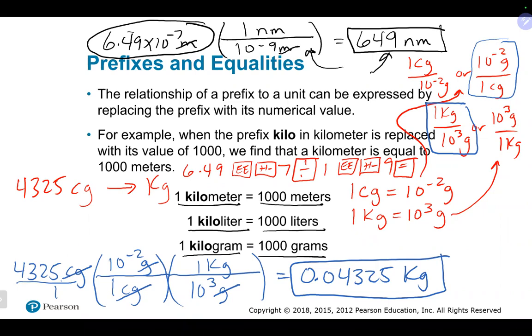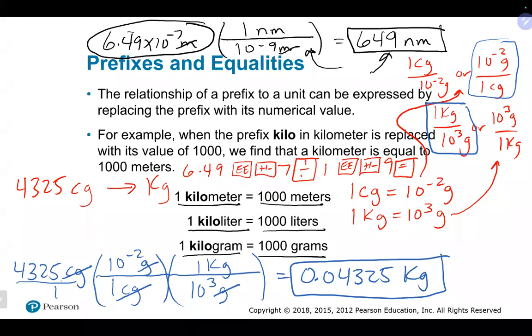Don't have to worry about it. When I look at the 10 to the minus 2 grams to 1 centigram, that also is a metric to metric exact number. Do not have to worry about it. Again, as I mentioned earlier, that leaves us pretty much the original number, and the original number has 4 significant figures. Our answer has 4 significant figures, and we're good.